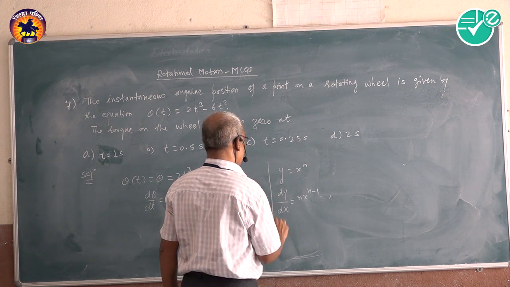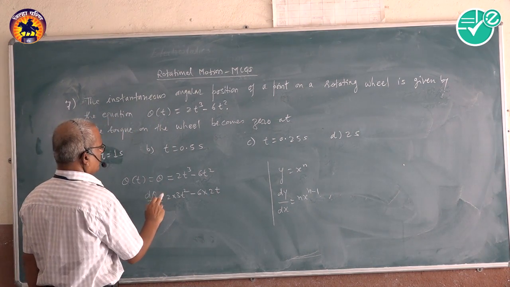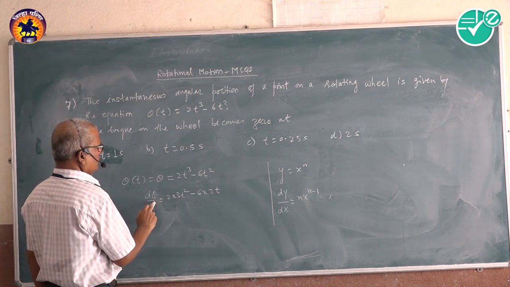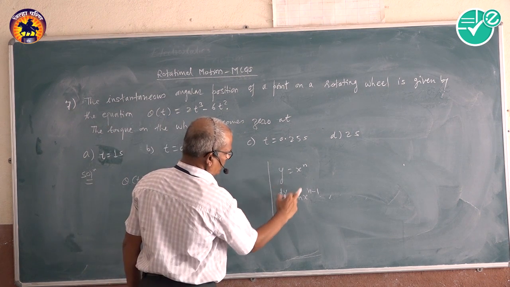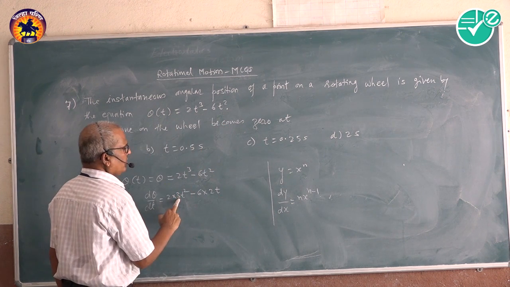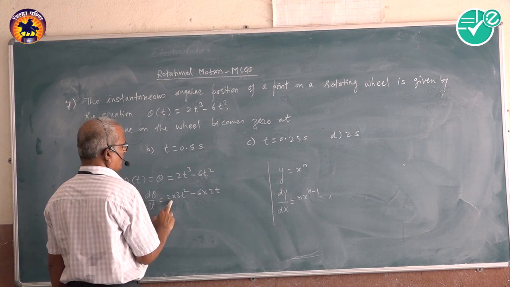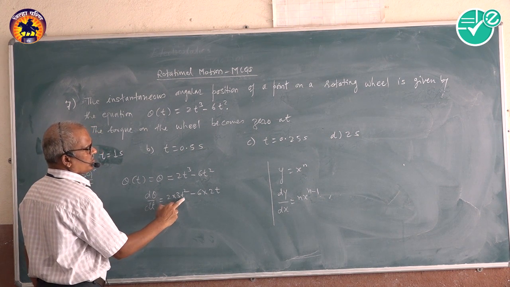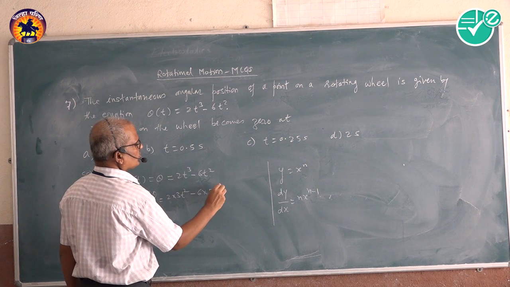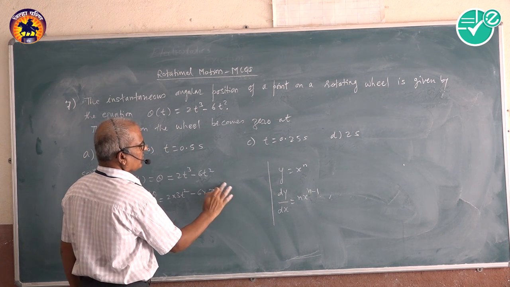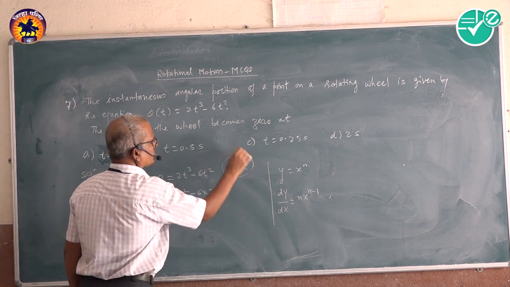So d theta by dt is equal to 2 as it is, power is 3, so 3 into t raised to 3 minus 1, which is 2, and minus 6 as it is, the power in multiplication, 2 into t raised to 2 minus 1, which is t raised to 1, nothing but t.